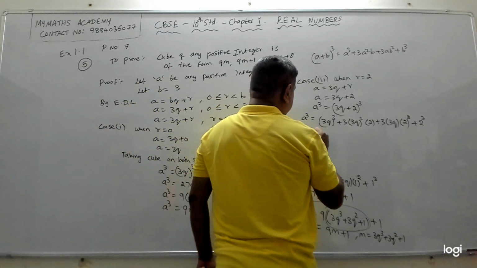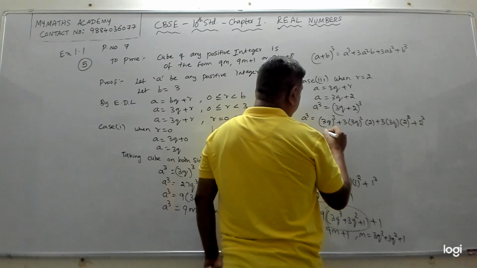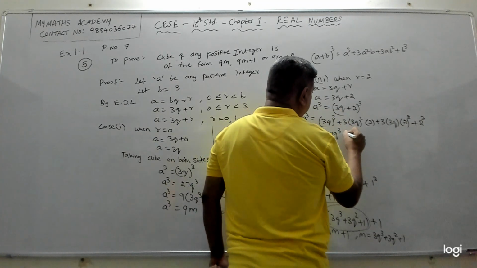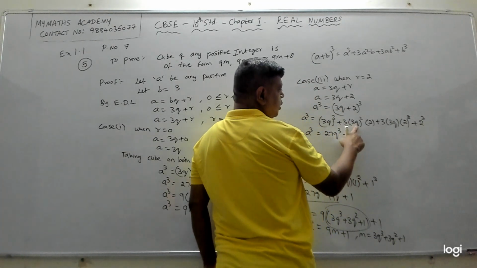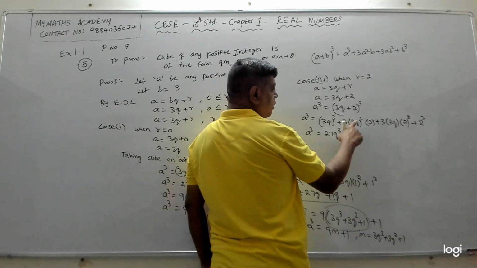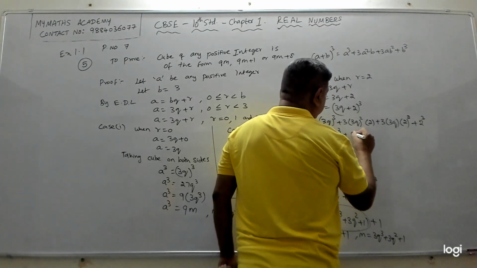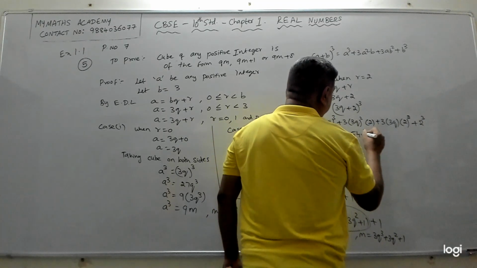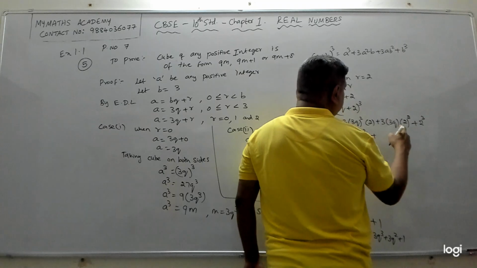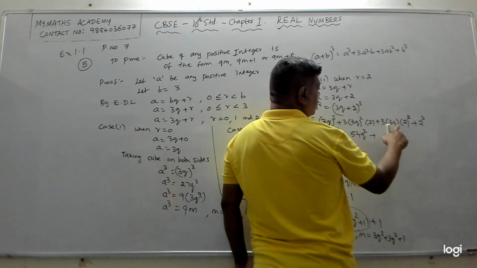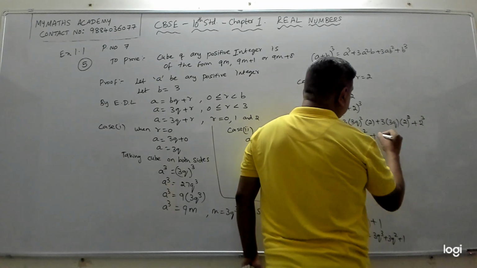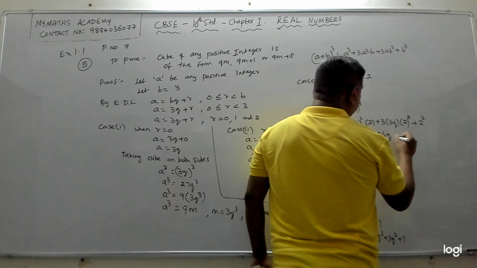So a cube becomes 3q the whole cube, which is 27q cube, plus 3 into 9q square into 2, that is 54q square, plus 3 into 3q into 2 square, 4, 4 9s are 36q, plus 8.